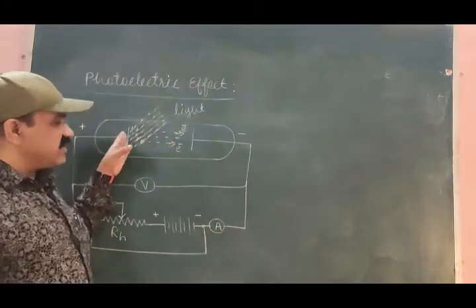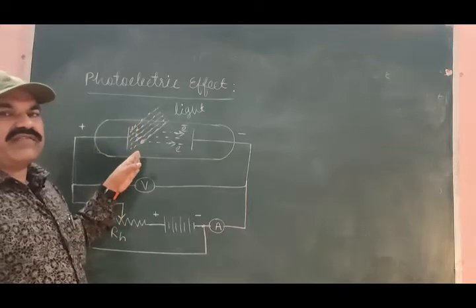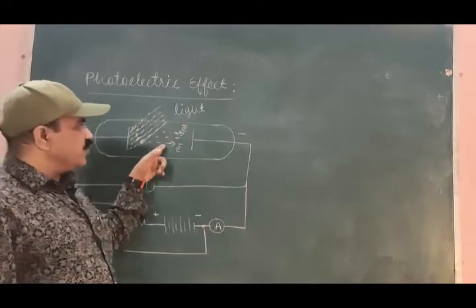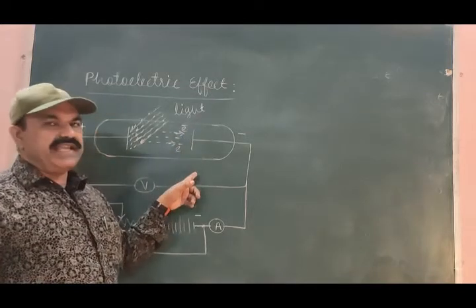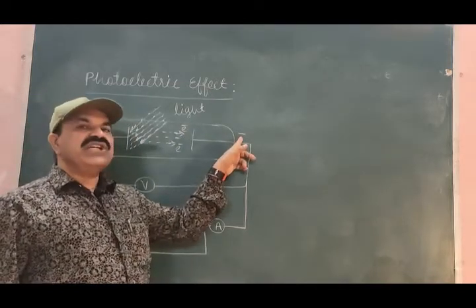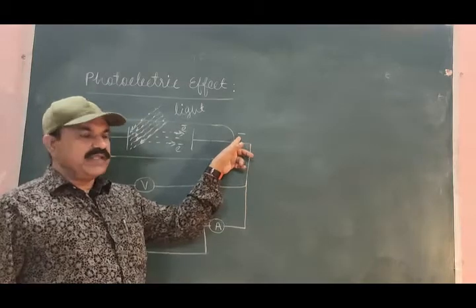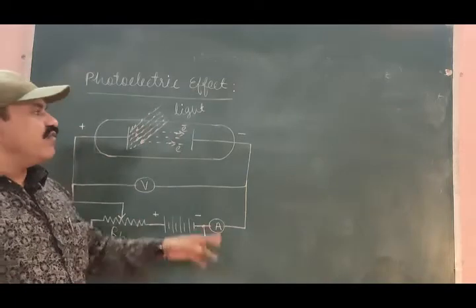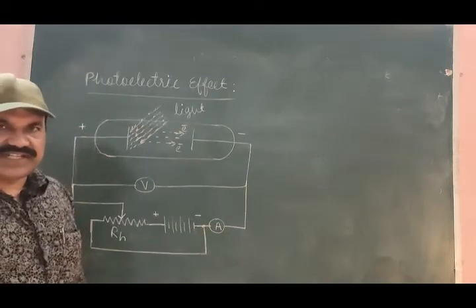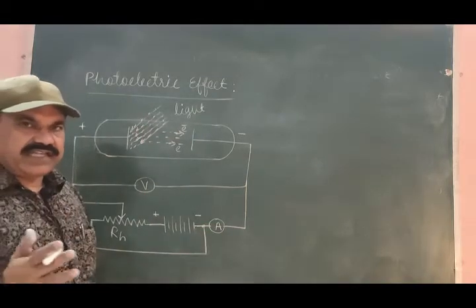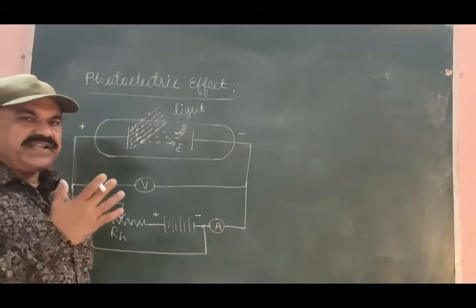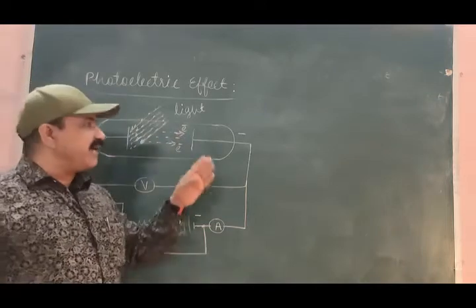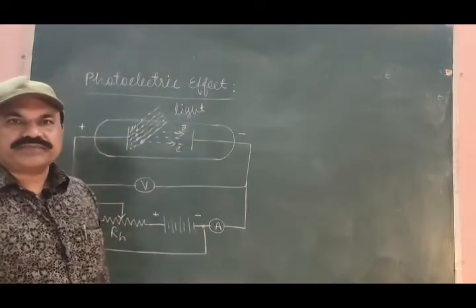These photoelectrons, when emitted from the metal surface, if they have larger kinetic energy, will move towards this plate. But this plate is negative. This plate is retarding the electrons, exerting the force of repulsion on these electrons coming to it.